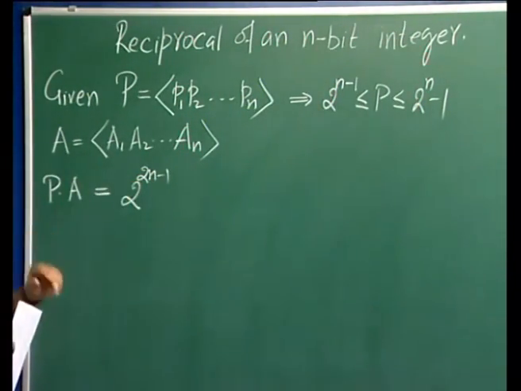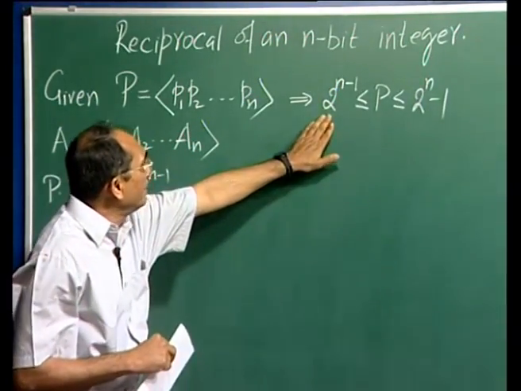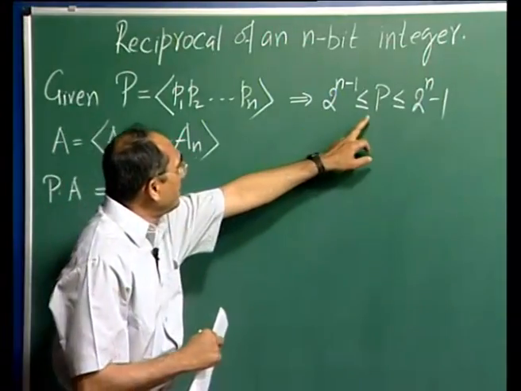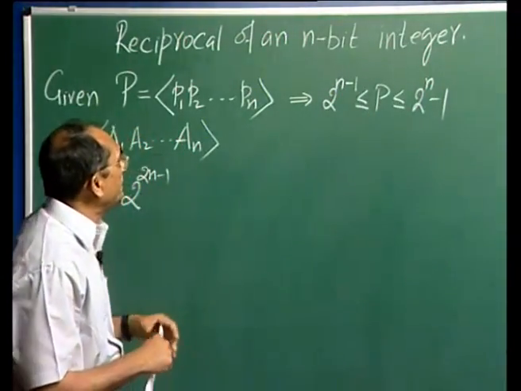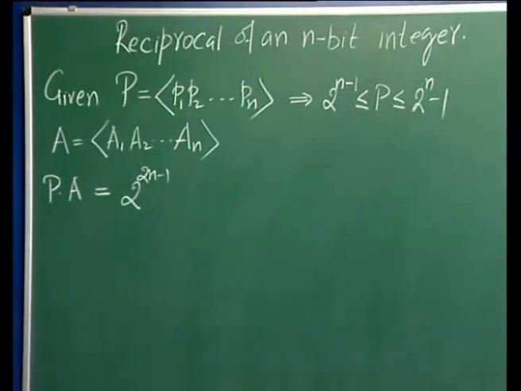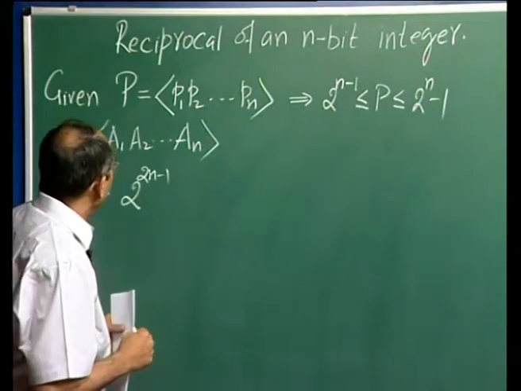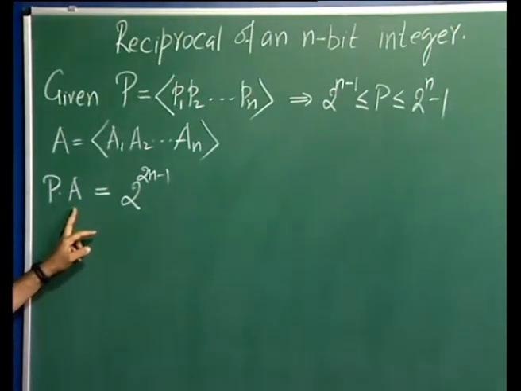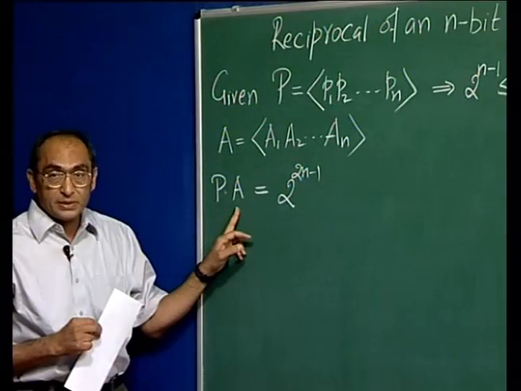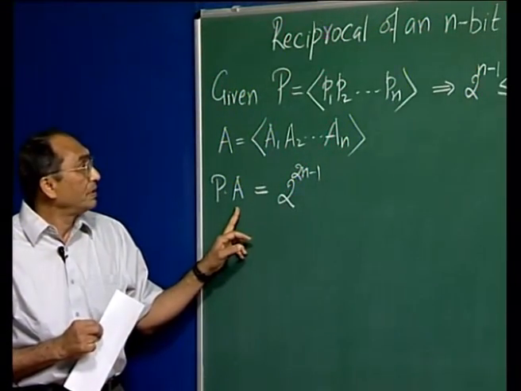Now, but there is a little bit of a special case that we have to address. What happens is that when p is exactly 2 to the power n minus 1, in that case our a will turn out to be 2 to the power n, and that requires n plus 1 bits.